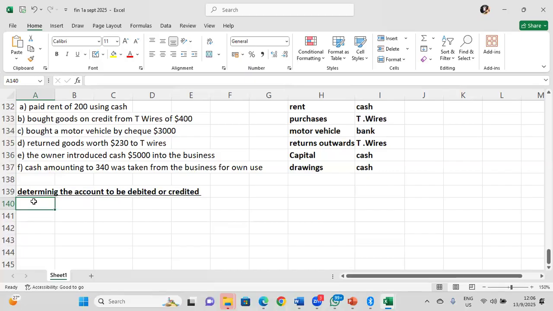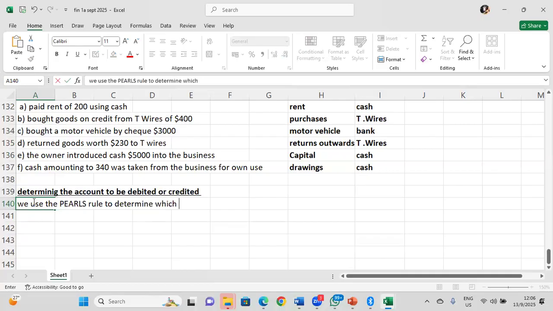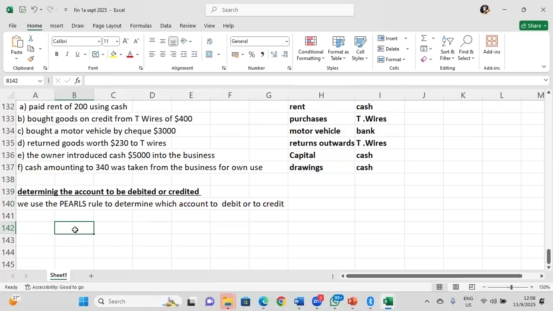In determining whether we should debit the account or credit the account, we normally use the Pearls rule, to determine which account to debit or to credit.